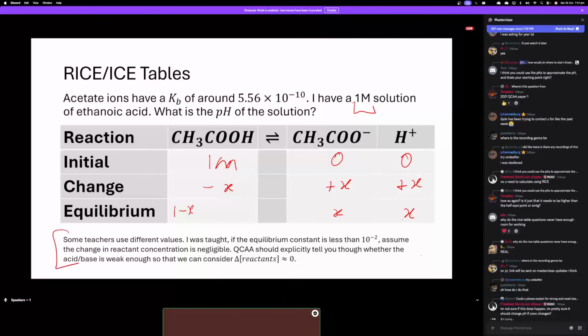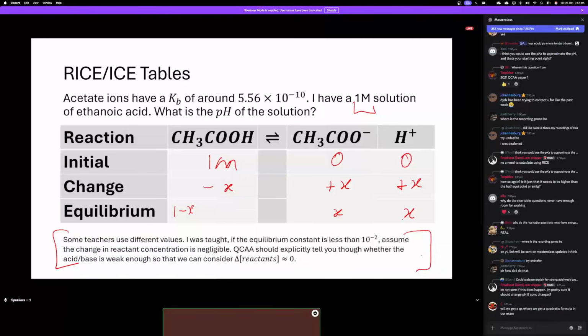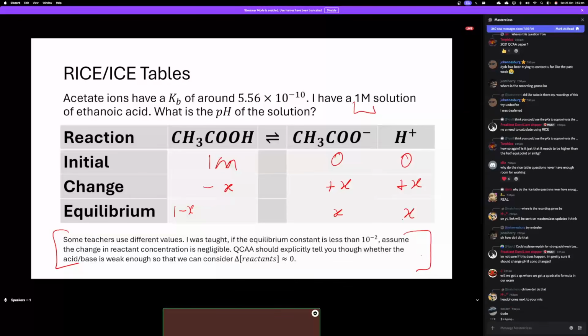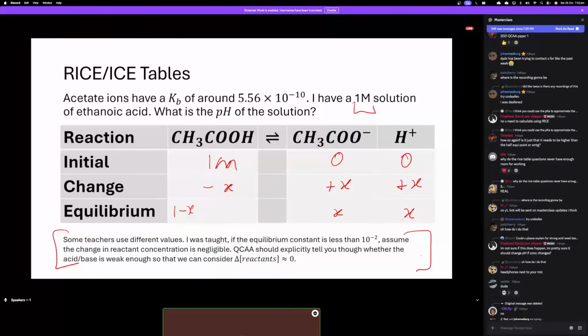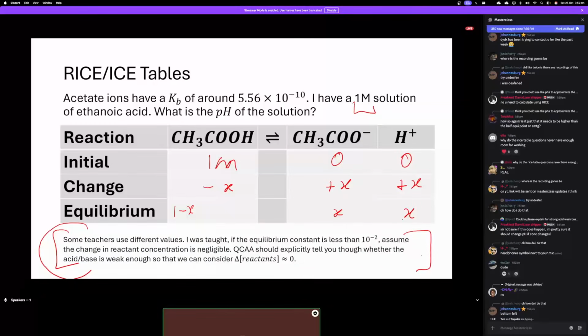Then, this is an important fact. QCAA says quadratics are too hard for you guys, so you're not expected to solve anything like that. They will simplify it, and this is how they simplify it. Teachers will teach different things.